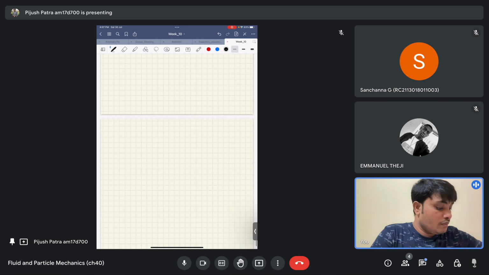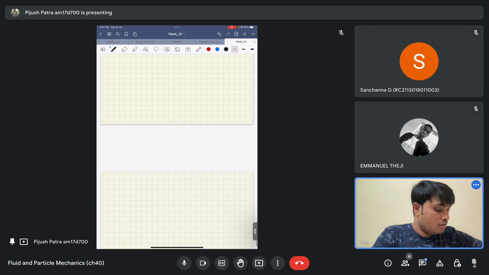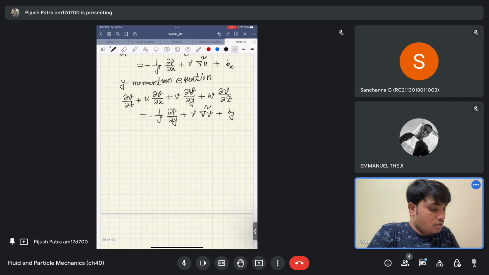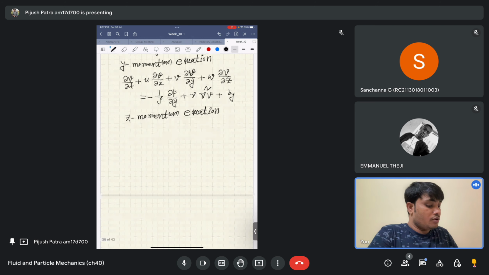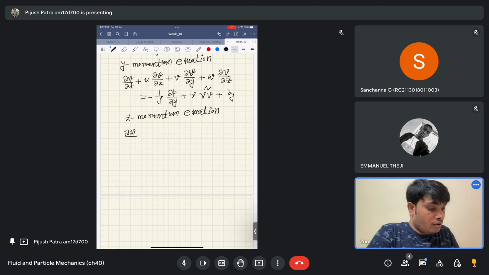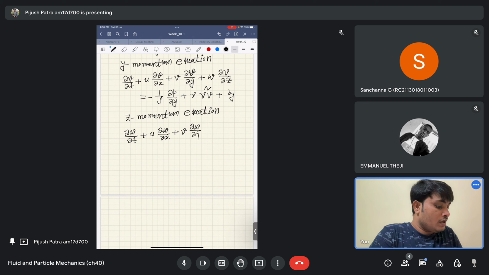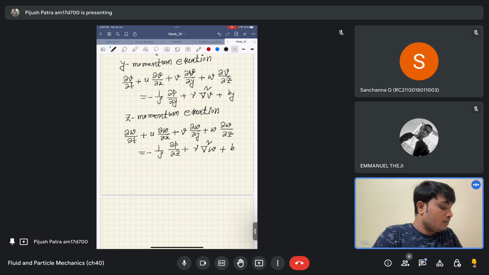and what will be the z momentum equation? The z momentum equation will be ∂w/∂t plus u ∂w/∂x plus v ∂w/∂y plus w ∂w/∂z equal to minus 1 by rho ∂p/∂z plus nu into Laplacian of w plus bz.